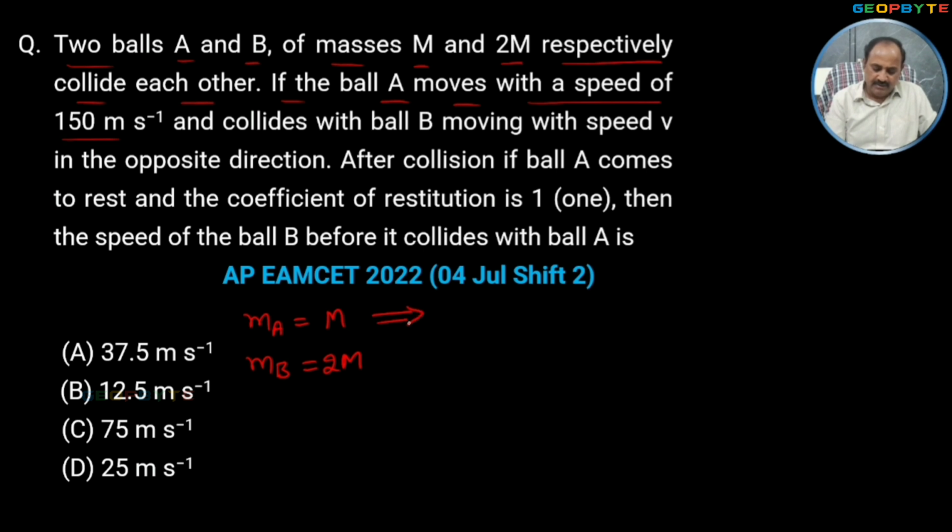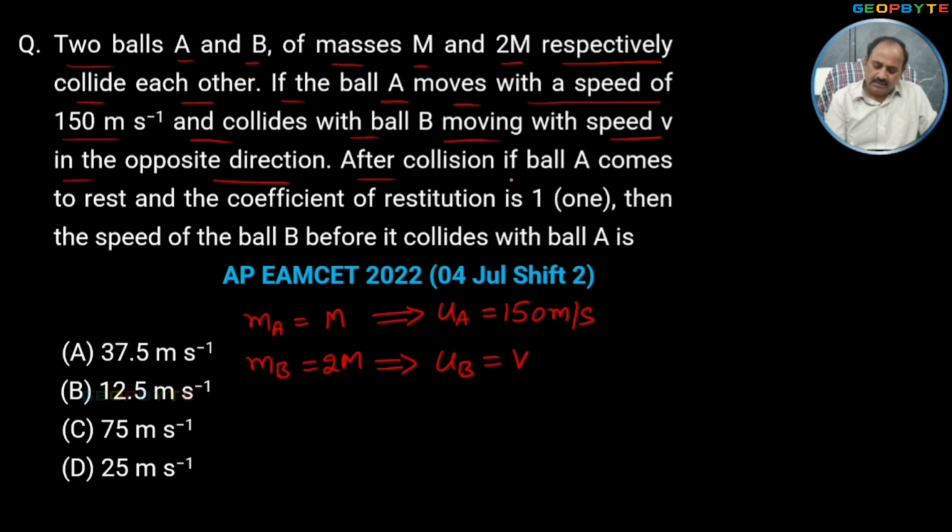Ball A is maintaining the speed, that is UA equal to 150 meters per second, and collides with ball B moving with a speed V. That means the initial speed of ball B, UB, equals V, in the opposite direction.